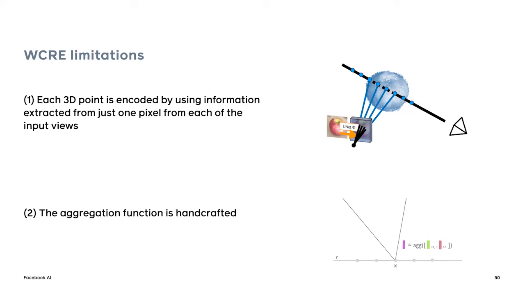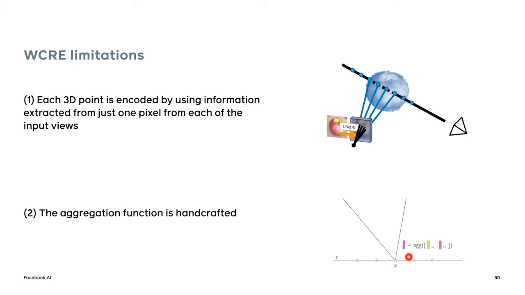Information is pulled in a very simple manner for an integral, but there is no logic that allows the method to actually reason about all the points you visit along the ray in order to determine the color you see here. Or if you like, there is, but it's a very simple integration process, which is good enough sometimes, but maybe can be improved, perhaps to account for the fact that some of those points might not be available in your views. And so maybe the color has to be hallucinated as opposed to sampled, all right?